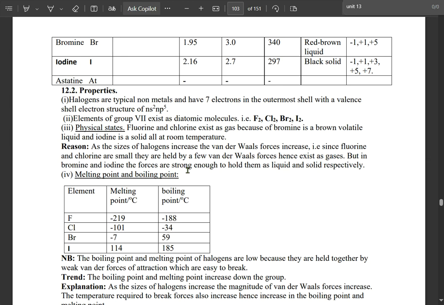Here they tell us the reason: as the sizes of halogens increase, the van der Waals forces increase. Since fluorine and chlorine are small, they are held by fewer van der Waals forces. These van der Waals forces are forces that hold atoms or molecules together.